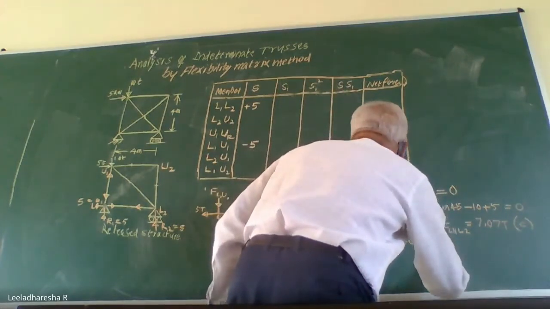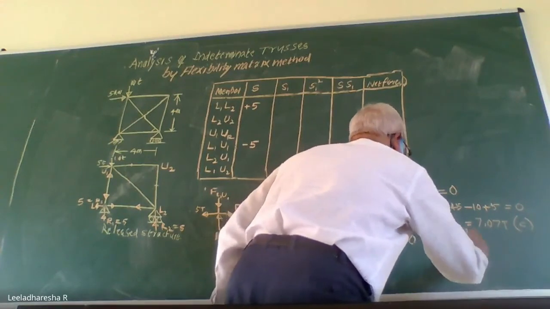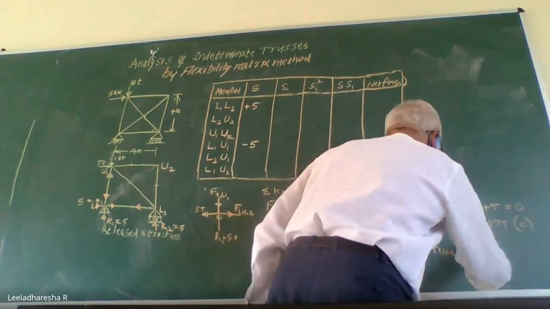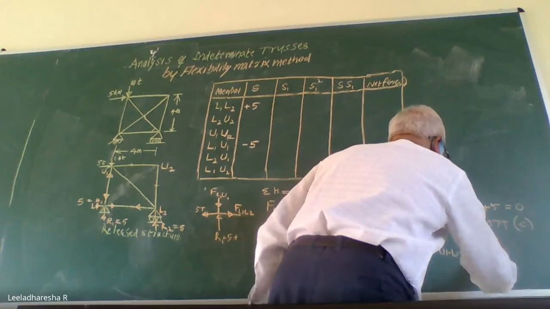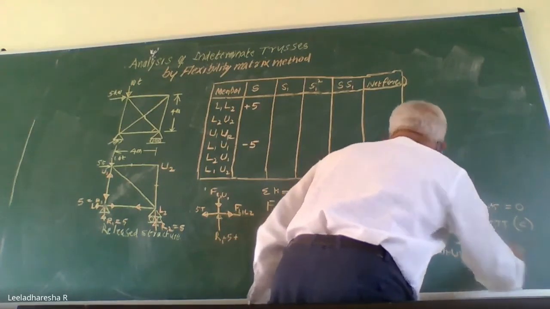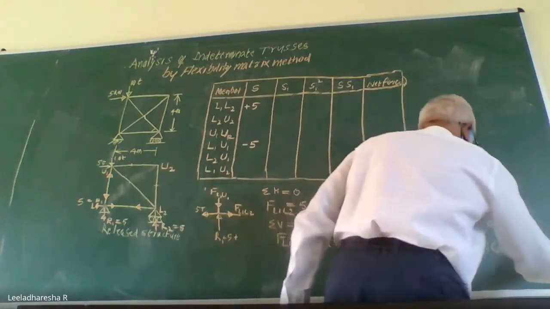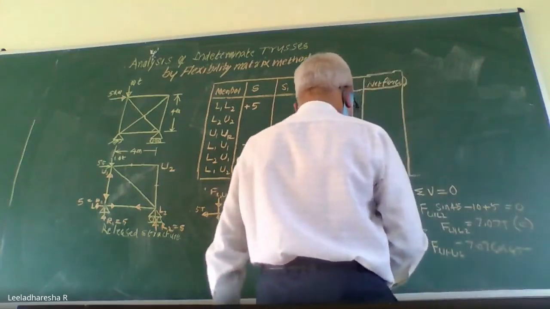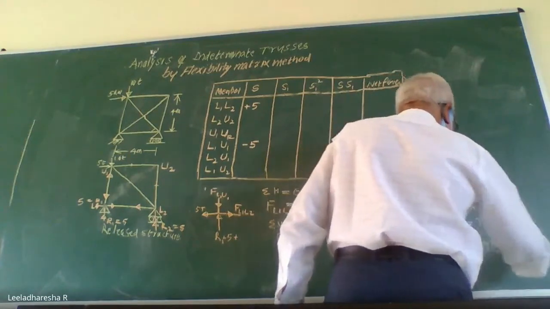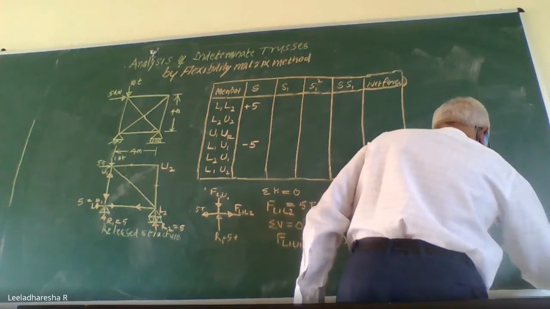So F U1 U2 minus this force, I got it 7.07, minus 7.07 cos of 45. Its horizontal component will be cos of 45, minus 5 plus 5. Okay, this is plus, this is minus 5, is equal to 0.